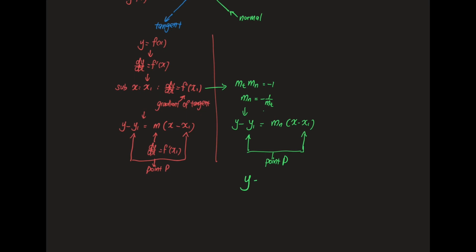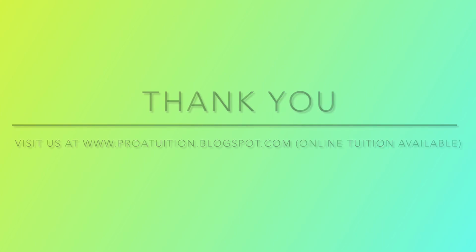After that, you simplify it into the form y = mx + c. Then you get the equation of normal. Likewise, for the equation of tangent, you simplify it to y = mx + c. Then you get the equation of tangent. So that is all about tangent and normal.